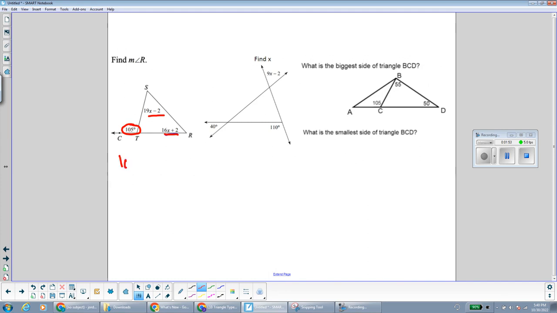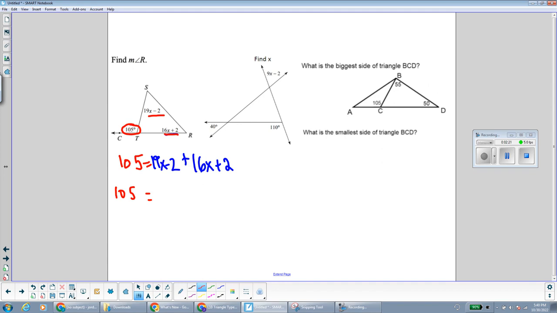I know from the exterior angle theorem that the exterior angle of a triangle is equal to the sum of the two non-adjacent interior angles. So 19x minus 2. I was writing a plus 2. Plus 16x plus 2. Combining my like terms, I have 105 is equal to 19x and 16x.